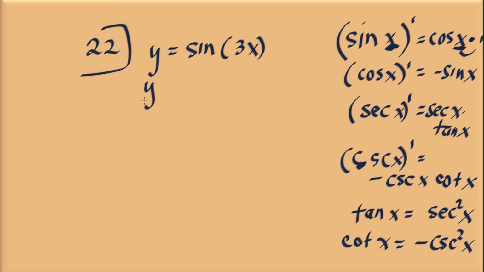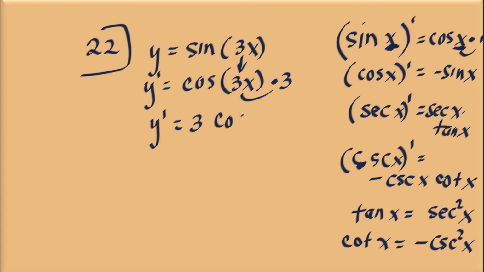So what we do to get the derivative, say y prime, is get the derivative of sine, which is cosine. You have to copy this thing here. It has to stay 3x, but you have to multiply this by the derivative of this 3x, which is 3. So our derivative is 3 cosine of 3x.